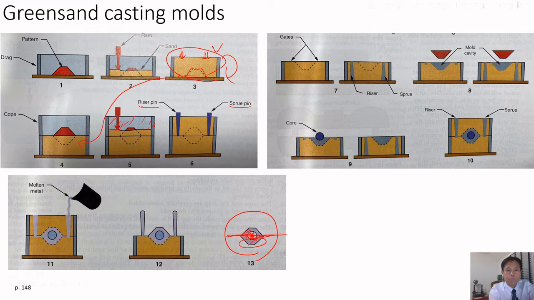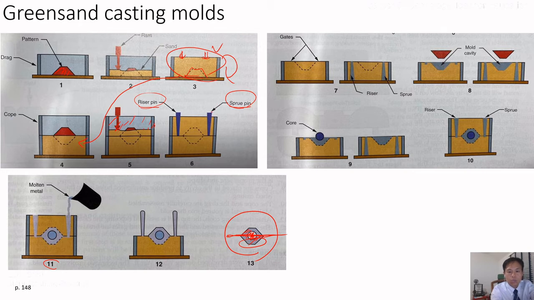So these two parts are important because in this process, I'm going to go into 11. So to pour metal into this mold, we need to have the pathway, the metal pathway. That's the sprue pin.